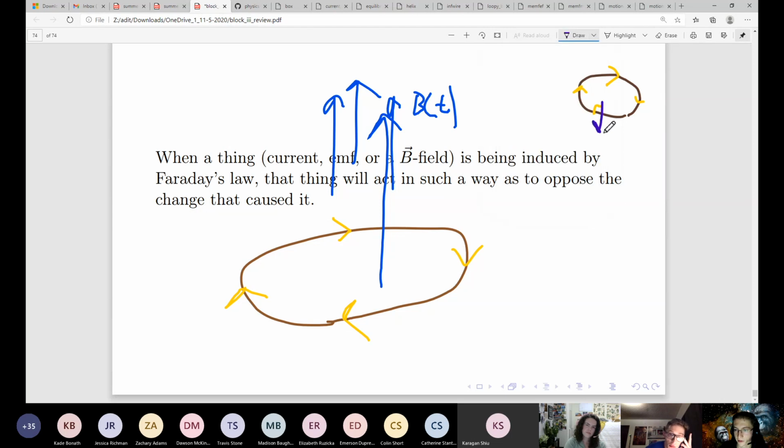It's going to be pointing down or into the page, which means that the induced B field created by this induced current is going down in opposition to the changes that caused it, which was this increasing B field up here.